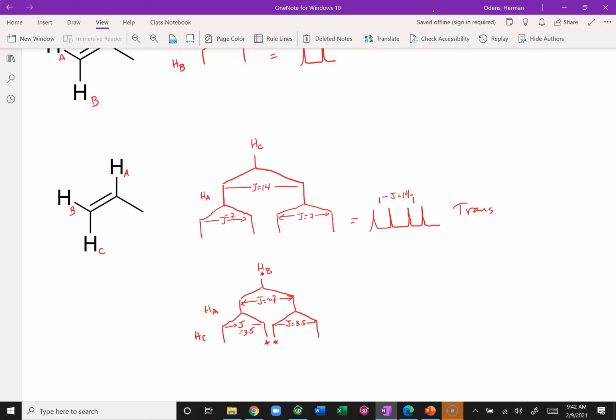So what you will expect is to have a little peak, something that integrates for 3, and a little peak. This would be approximately what you will expect for this signal.